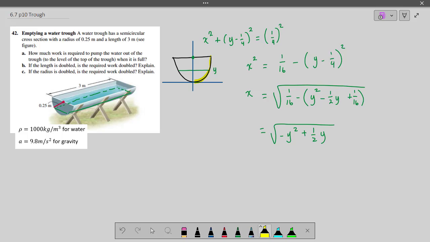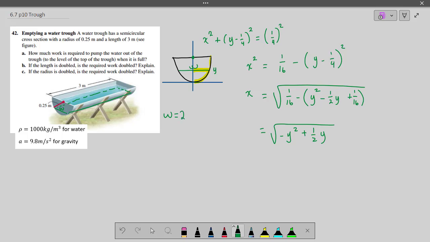And it's only measuring from there to there, correct? It's not measuring the full width. When you solve for x, it's only measuring from the y-axis over. So if we call this full distance across w, so w goes all the way across, w will be that multiplied by 2.